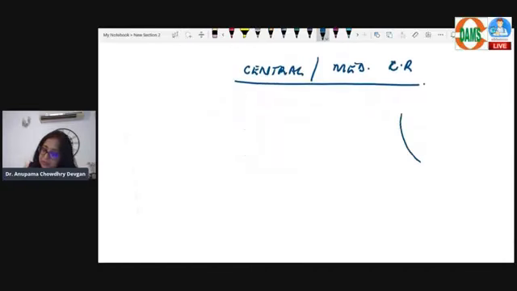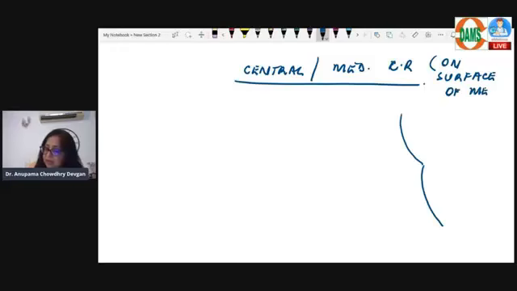Central or the medullary chemoreceptors are on the surface of medulla. These are located on the surface of medulla. This is your central chemoreceptors.